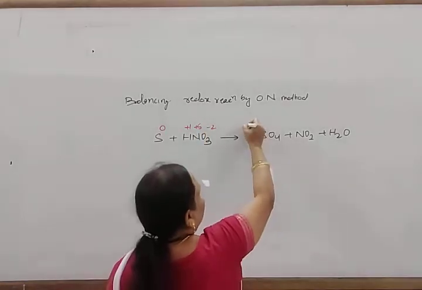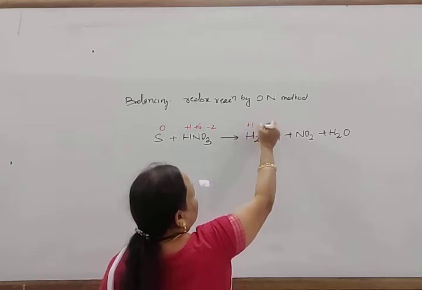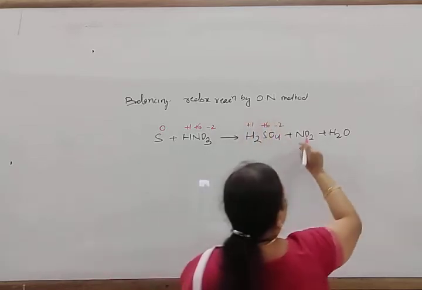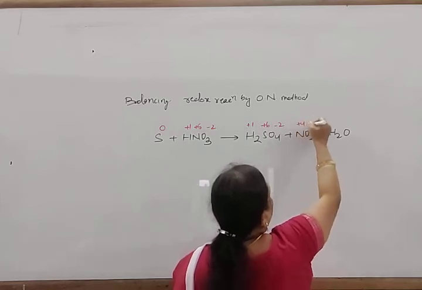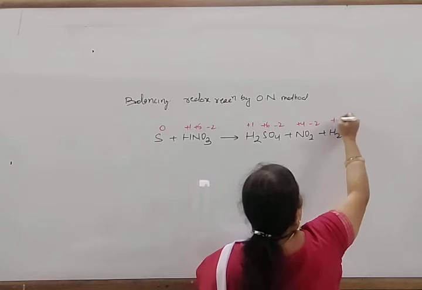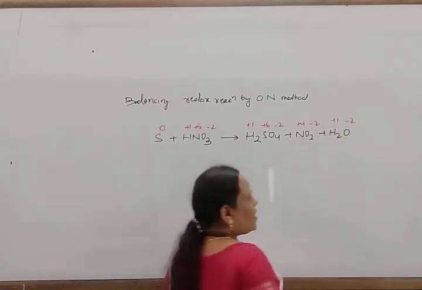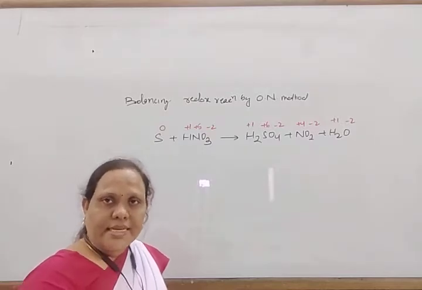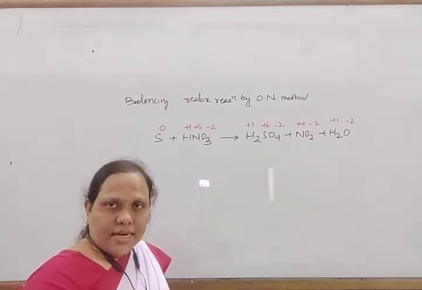In H2SO4, hydrogen has +1, sulfur +6, oxygen -2. Nitrogen has +4 in NO2, oxygen -2, hydrogen +1 and oxygen -2 in water. In this way, first find out the oxidation number of each atom.